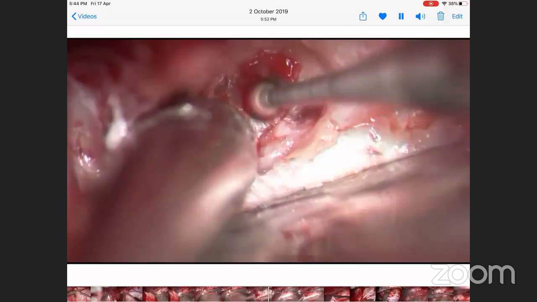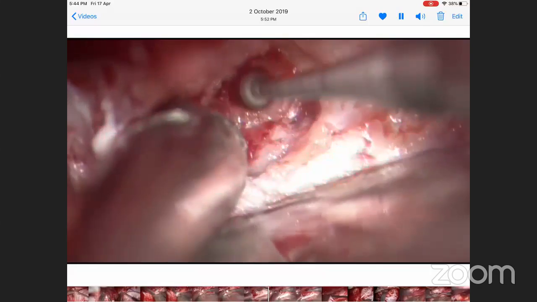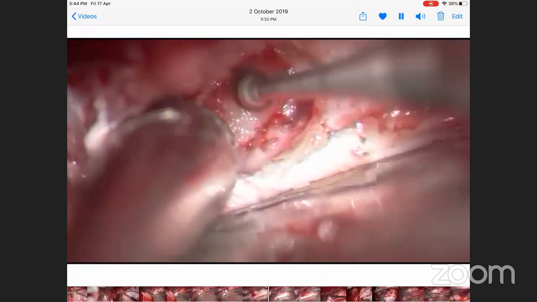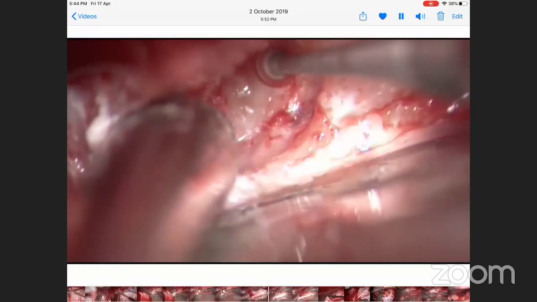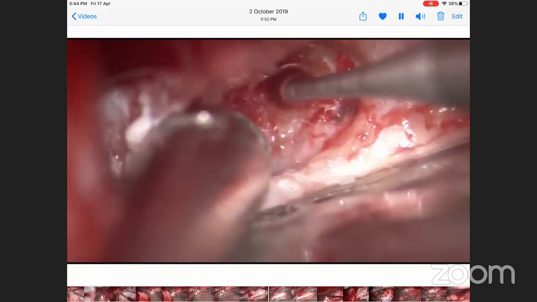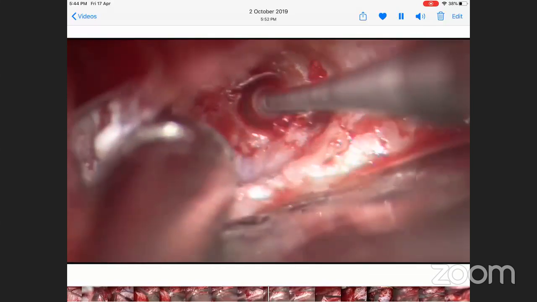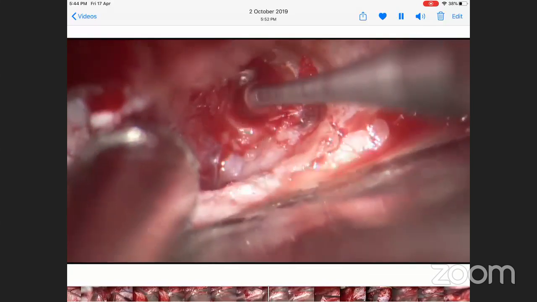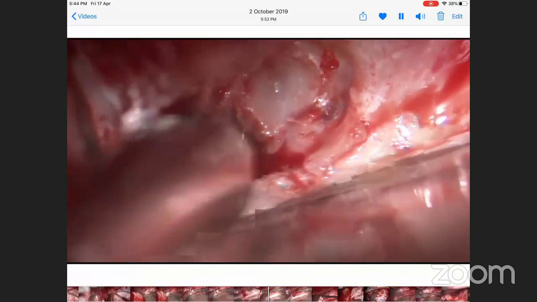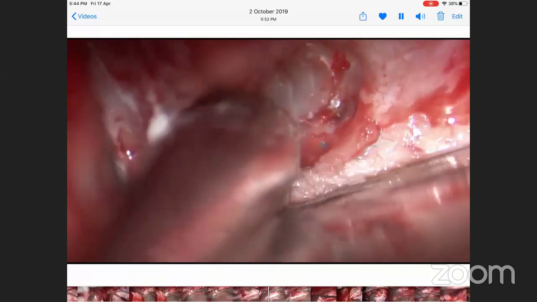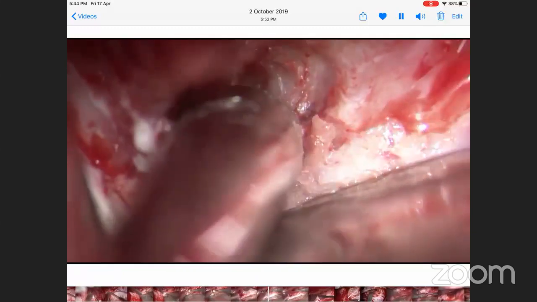And under the optic nerve, you can see the reddish dura, which is the aneurysm. Can you see the reddish dura just right of where I'm drilling? And that is the aneurysm. When I open the dura, you will see that is the aneurysm. I am drilling the bone lateral to the aneurysm. Can you guys appreciate the optic nerve?